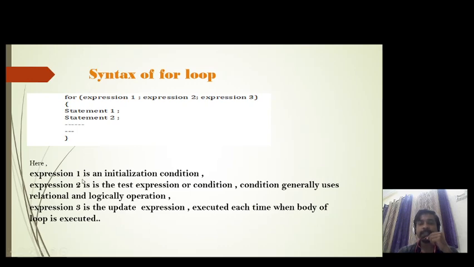Our expression 2 is our test expression, what we call the termination condition. When the termination condition is reached, our control goes outside. And expression 3 belongs to our increment or decrement operator.